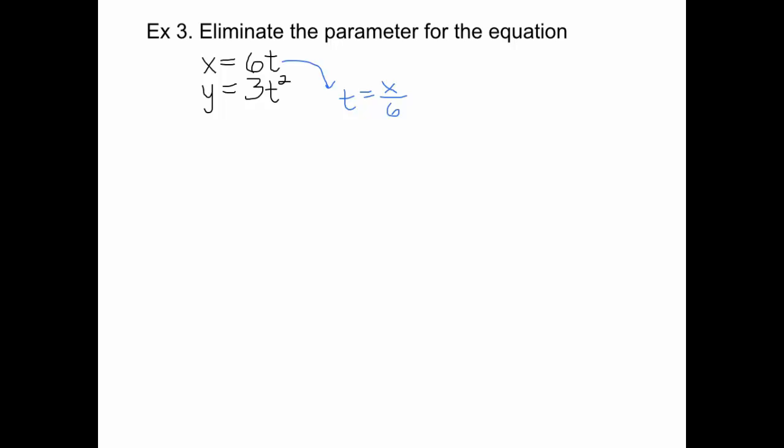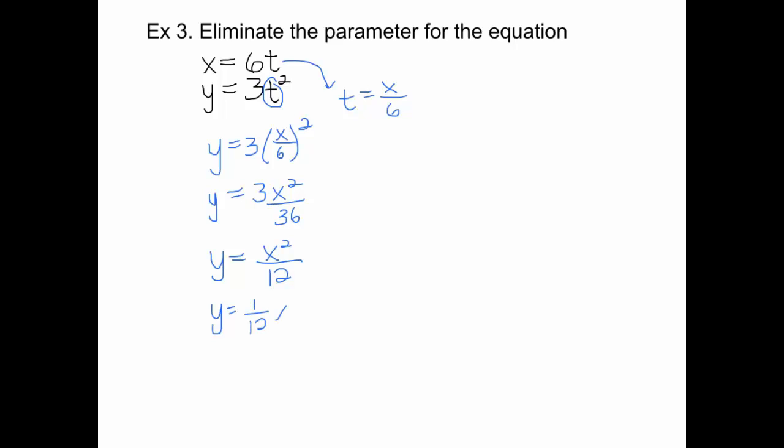I'm now going to substitute that into the second equation. So we get y equals 3 times (x over 6) squared. Let's just simplify that. 3x squared over 36. So y is going to equal x squared over 12. You might like that better as 1/12 x squared. So what we did, we substituted in for t.